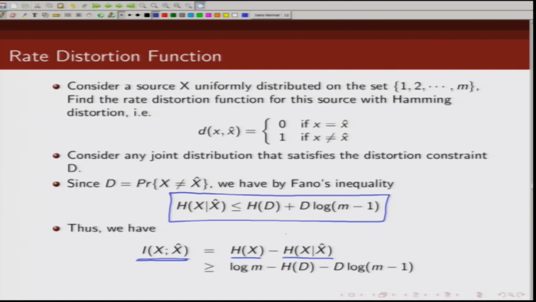So if we subtract this upper bound, since we are subtracting a larger quantity, we now have a lower bound on the mutual information between x and x hat. So mutual information between x and x hat is lower bounded by log of m minus h of d minus d log of m minus 1. And of course this is maximum when, because x is uniformly distributed, h of x will be log of m.